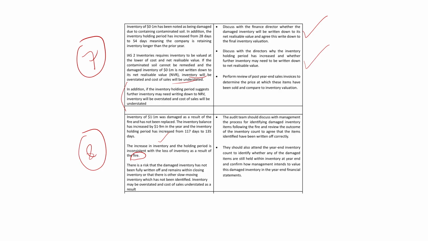If it's damaged, you write it off, right? You either scrap it or maybe the NRV is now 0, or at least write it down. So why is your balance going up when in reality your inventory was significantly damaged? The risk is they've not written down the inventory. Because of that, assets could be overstated. My plan is to discuss this with the management, how they've identified the damaged inventory, and then of course compare the cost to the net realizable value.